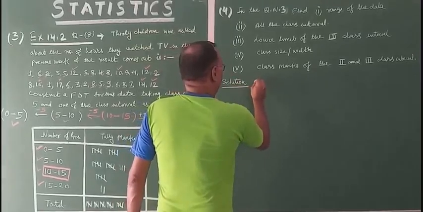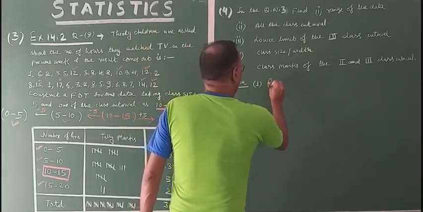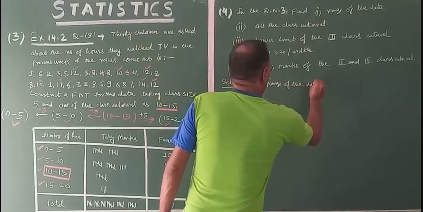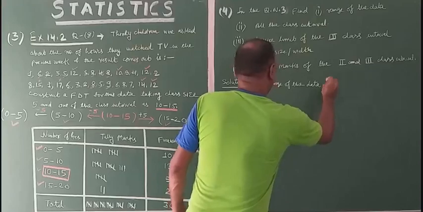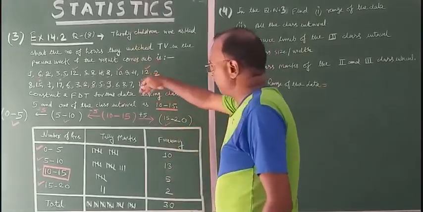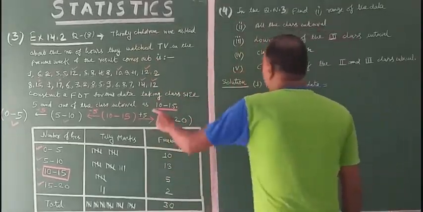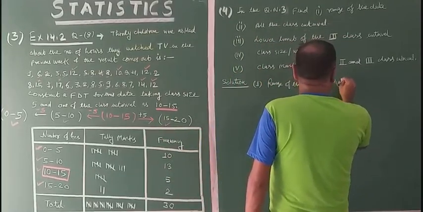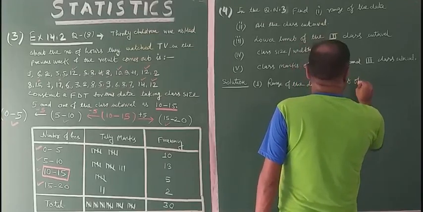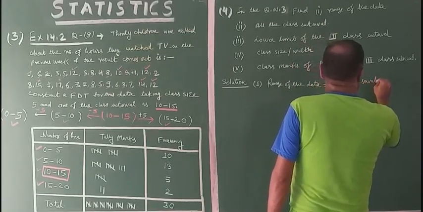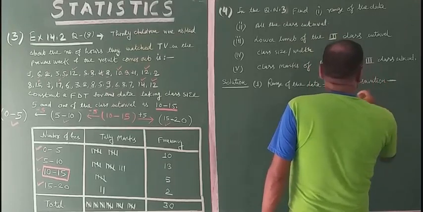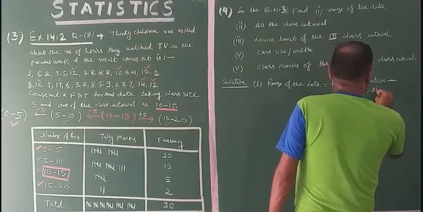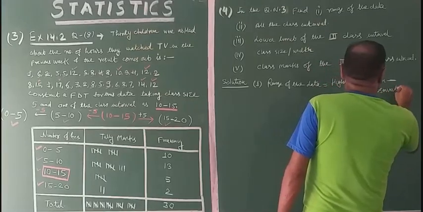First part, range of the data. Each number is called an observation or entry. So what is the range of the data? Highest observation minus lowest observation.